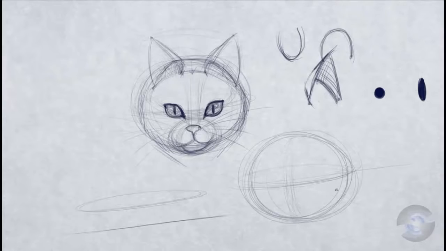Okay, so start with this circle or slightly squished oval shape. Now I'm going to find the cat's muzzle. Doesn't come out a whole lot.